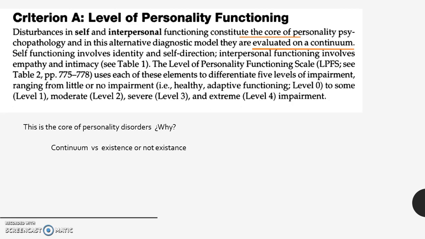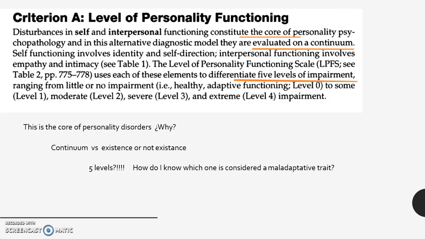So it's not about whether there is an existence of, for example, empathy, but more about how empathetic you can be in your life in terms of the consistency in which you make your relationships, for example.